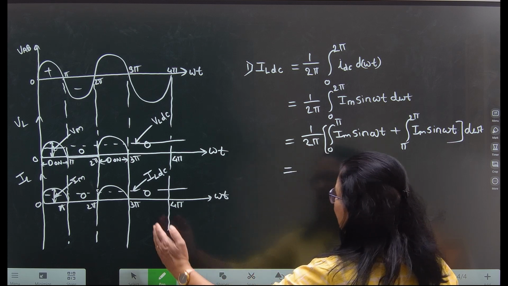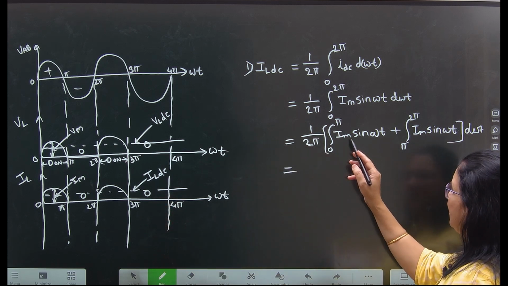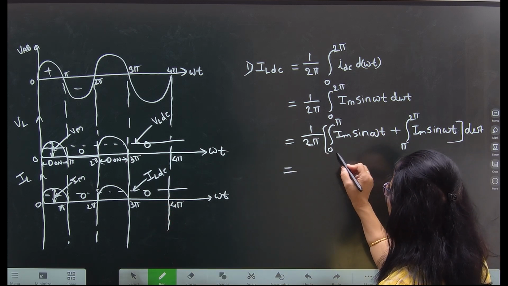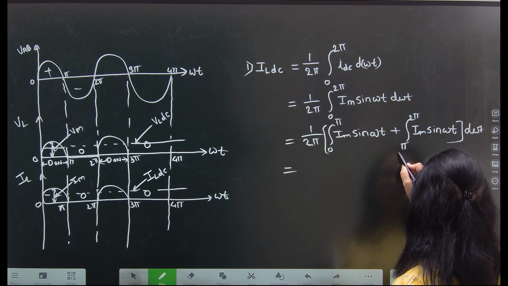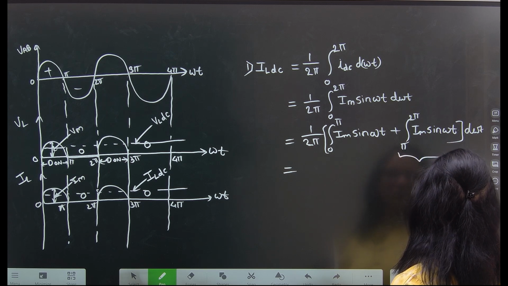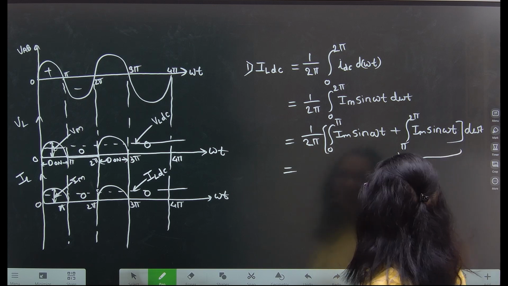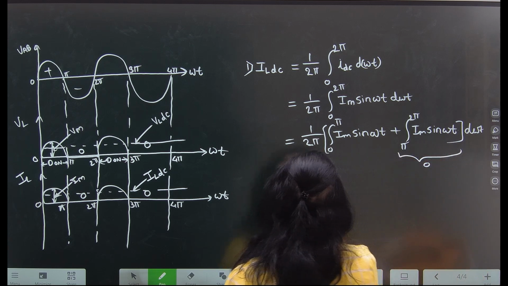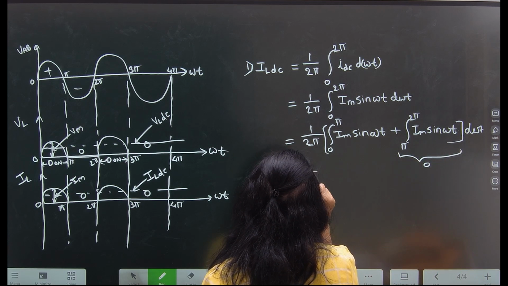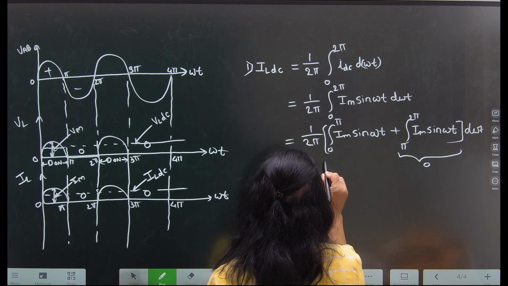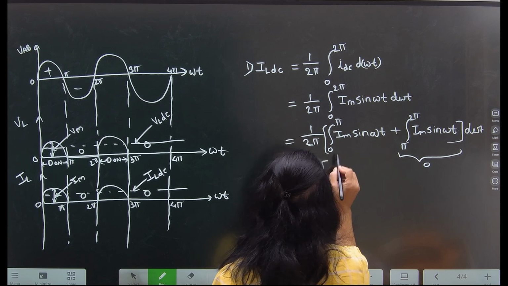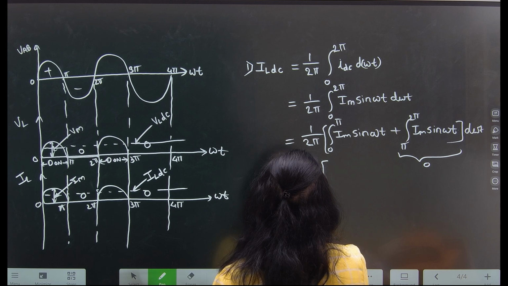But if we observe the waveform, this part becomes 0. Therefore the second part is directly 0, and here it is 1 upon 2 pi integration of Im sine omega t.